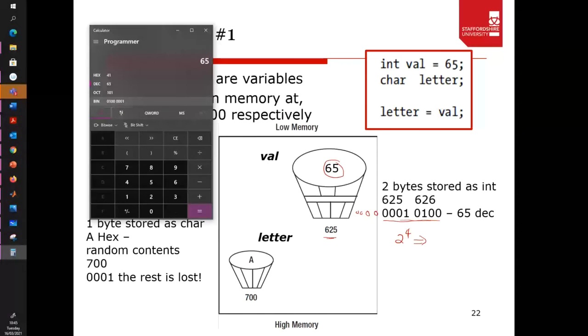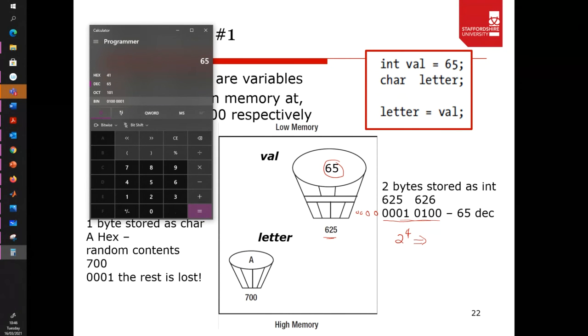Good. Right. So, can you see what we have here? 65 in binary, or the top, 626, because they're the wrong way round. It's exchanged, yes.